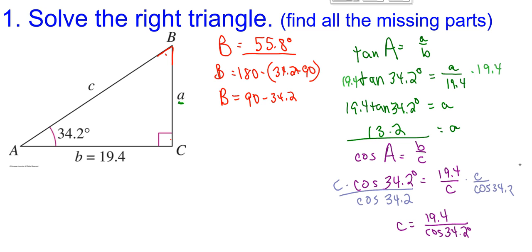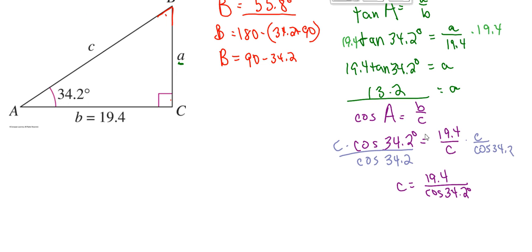And then when we type that in, we'll get what little c is. So c is approximately equal to 23.5. There are no labels given for those lengths, so we're not going to label them either.